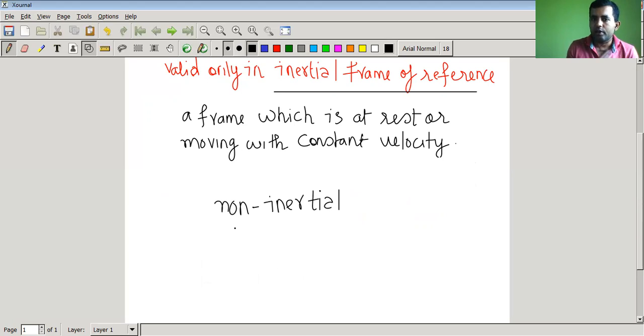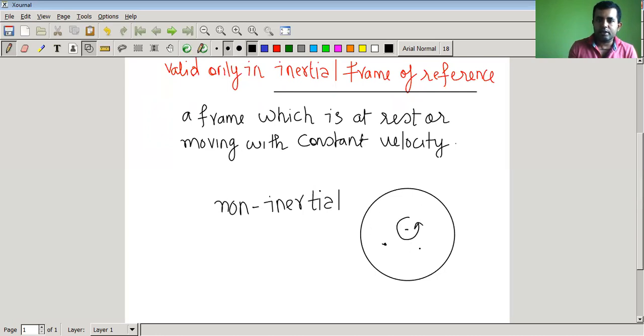Right. Now let us take a next example. Suppose you are sitting in some place which is rotating, going in a circular motion. So you are sitting here and, let us say, this table is rotating like this. Is this table an inertial frame of reference?